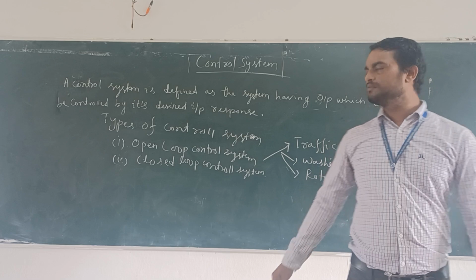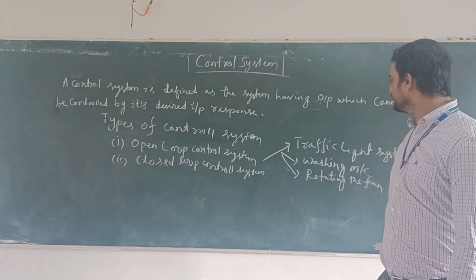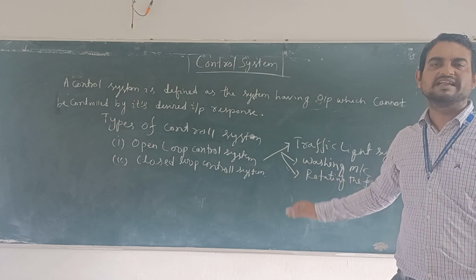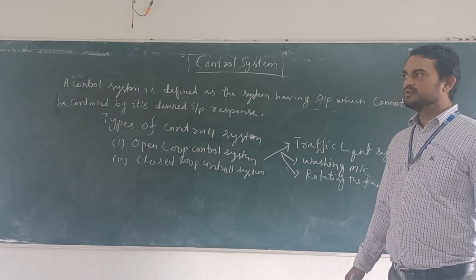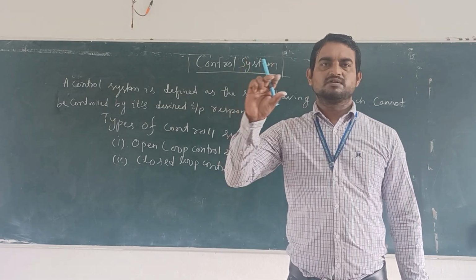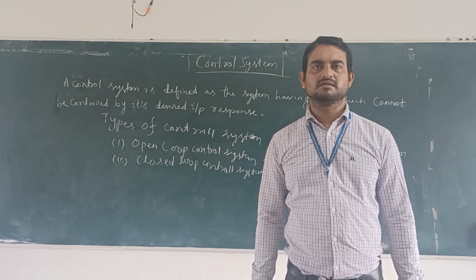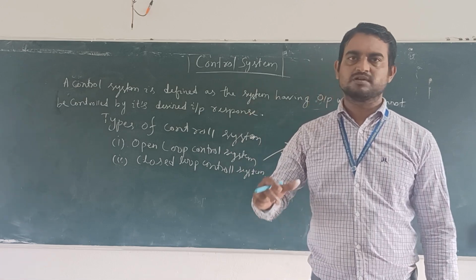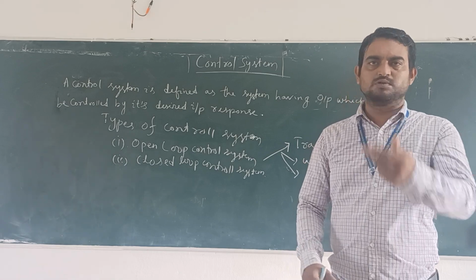So we will explain briefly. I want to explain the traffic light control system. What is happening in a traffic light control system? The red light, orange light and green light go on and off for a fixed period of time to function as per crowd control. But it does not depend upon the output.